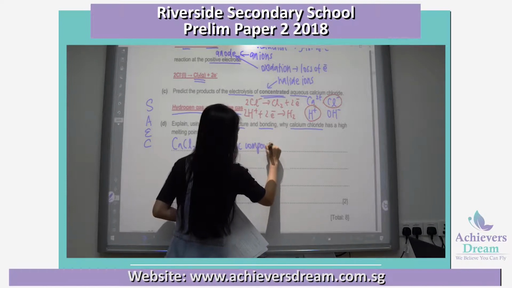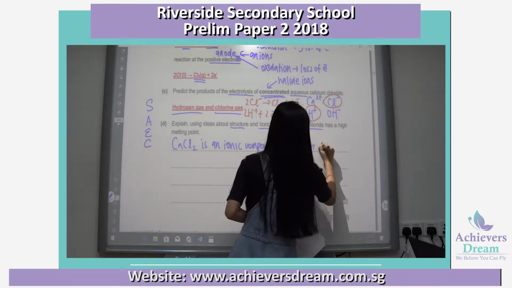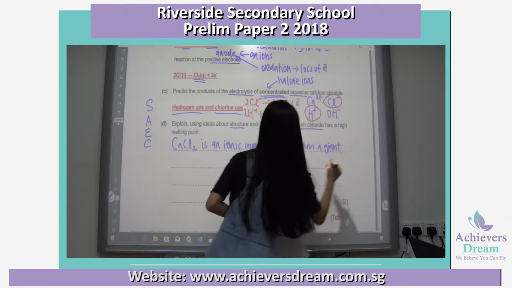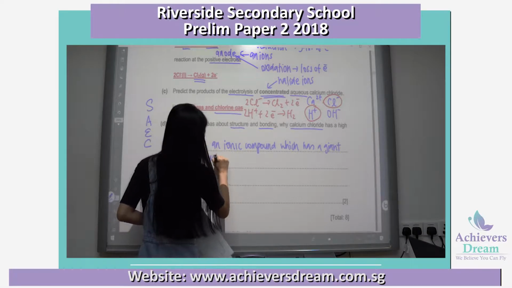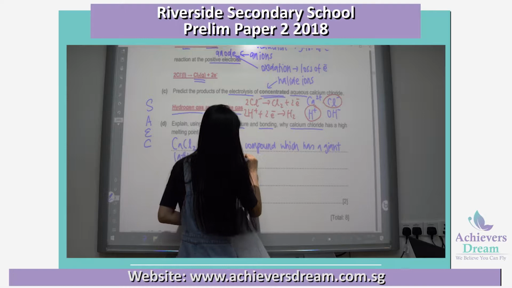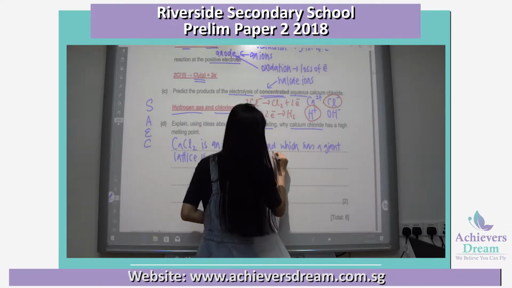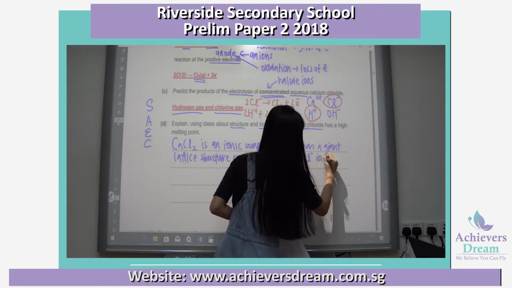What kind of structure does an ionic compound have? It has a giant lattice structure. What does it consist of? This giant lattice structure consists of your Ca2+ and Cl- ions.